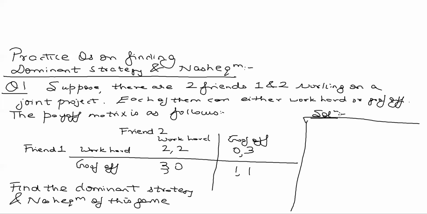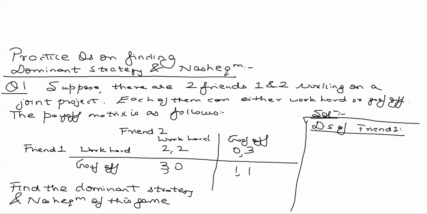How will I find the dominant strategy? Remember the concept of dominant strategy. A player's dominant strategy is that strategy which the player will follow irrespective of what the other player is doing. So let's find the dominant strategy of friend 1.